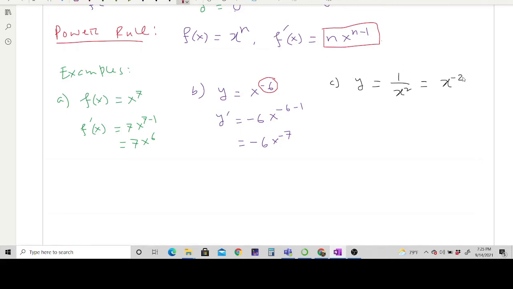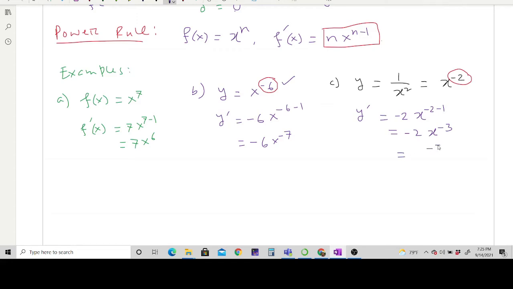Now the derivative of this function, y prime, equals, again it becomes the same pattern as this one, so you bring the negative 2 down here, then x to the negative 2 minus 1, which equals negative 2 x raised to the power negative 3.